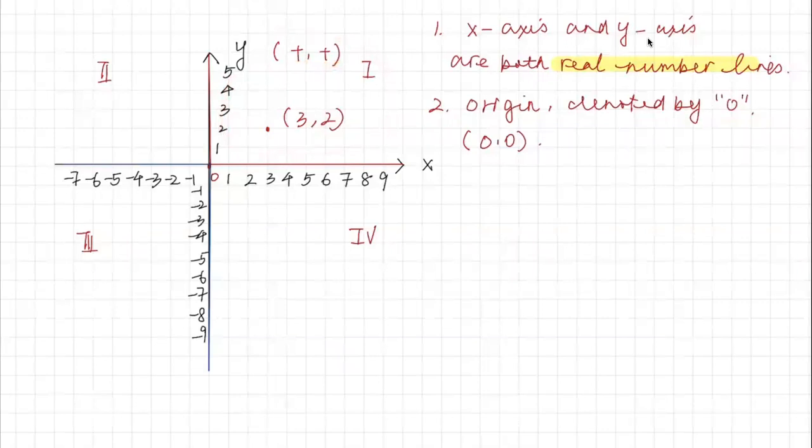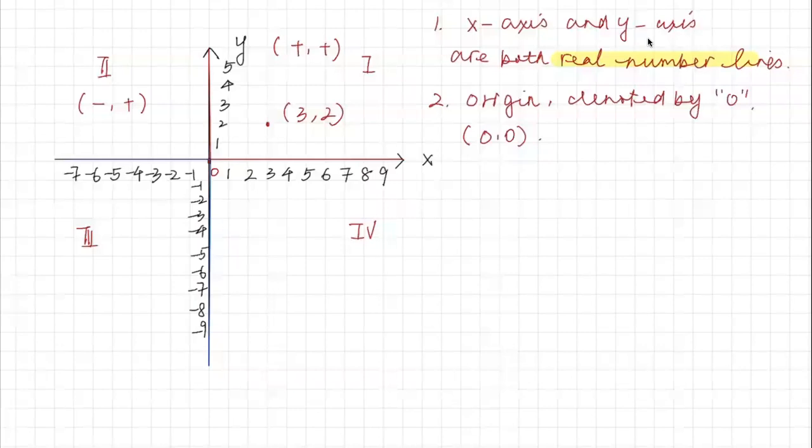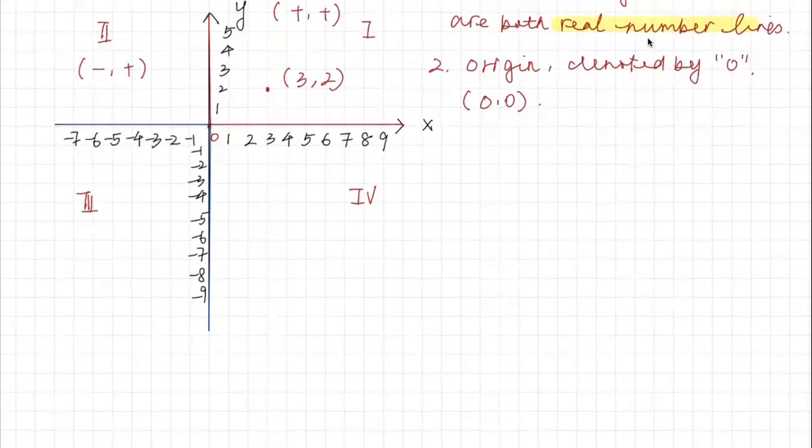For the second quadrant, we have negative x coordinates and positive y coordinates. So all the points in the second quadrant have negative x coordinates and positive y coordinates. With the same logic, all the points in the third quadrant have negative x coordinates and negative y coordinates.